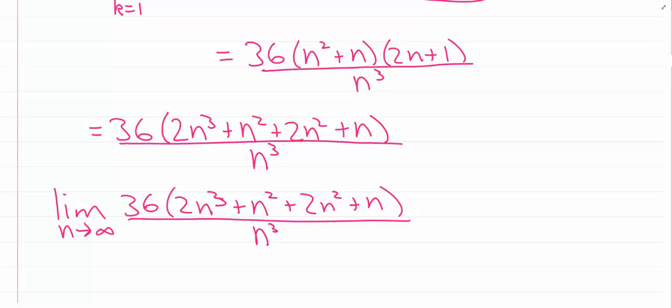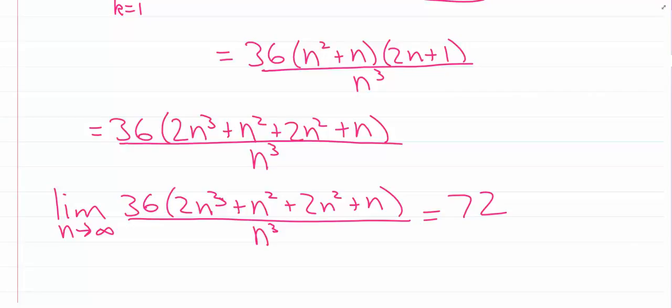This is like a horizontal asymptote, right? If the degree on the top and the degree on the bottom are the same, then the limit is the ratio of the leading coefficients. Well, look at that. Up top you have 72, and on the bottom you have 1. So this limit is 72.